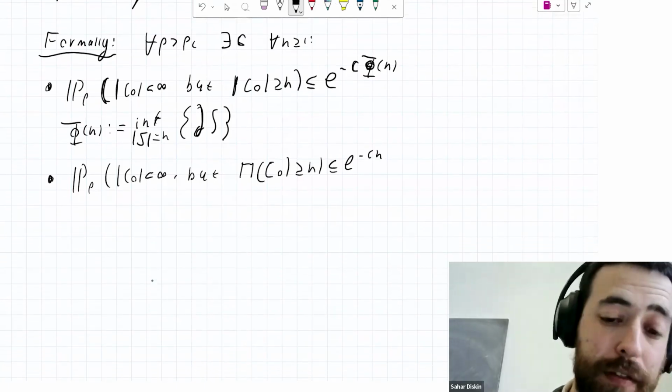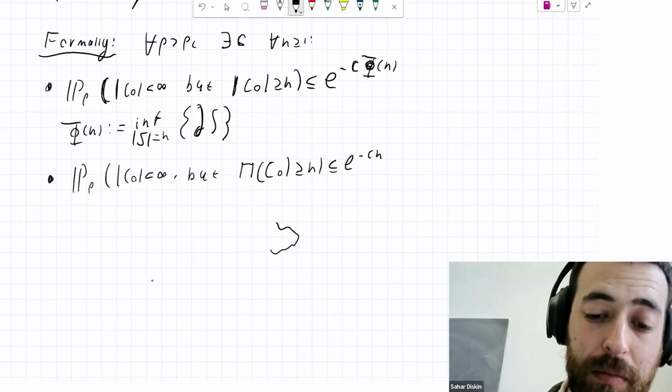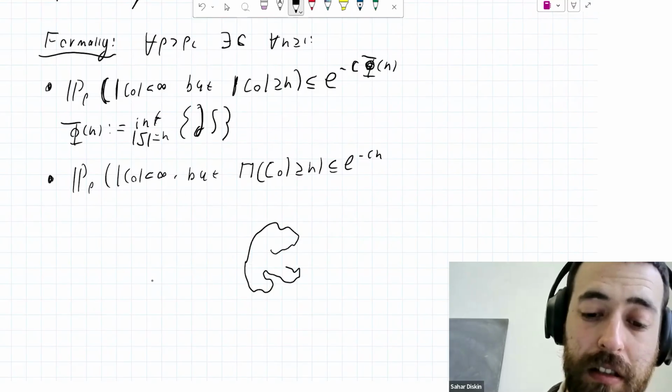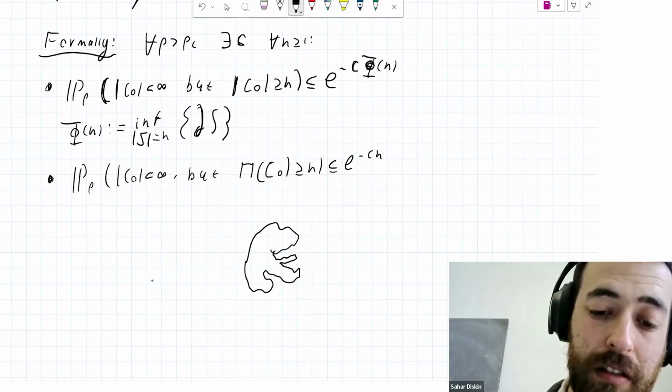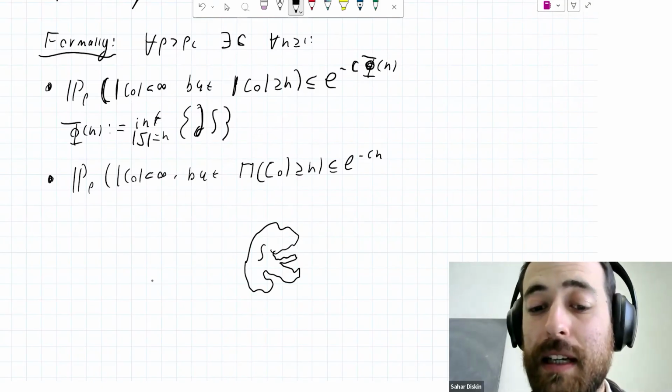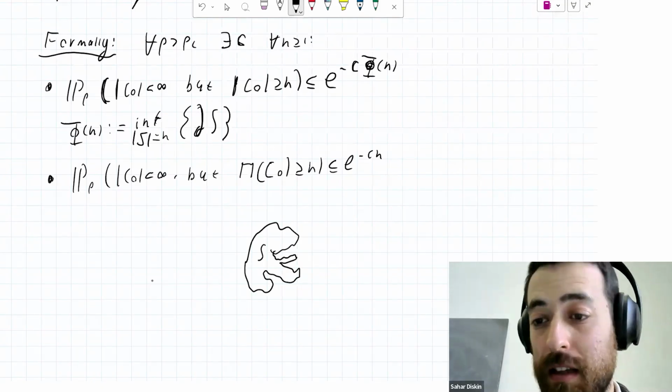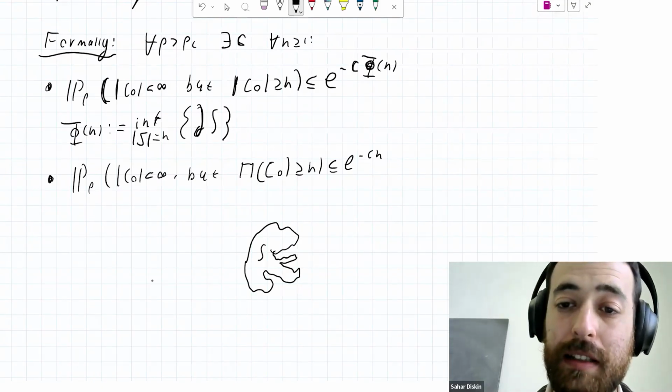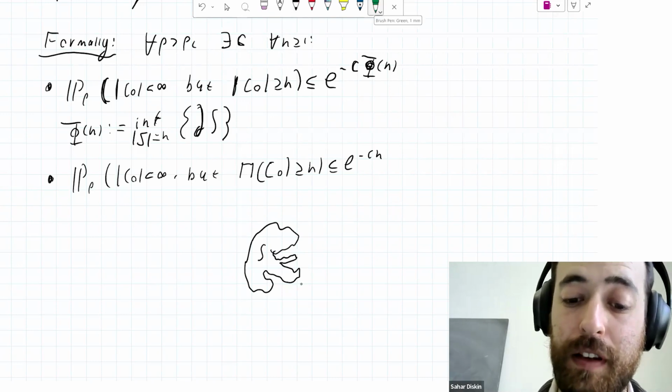For any fixed set S, suppose I have some set S, it could be very wiggly. I look at the minimal edge cut set between S and infinity.